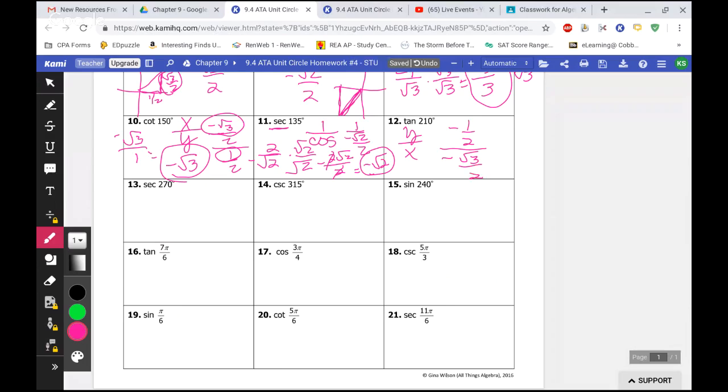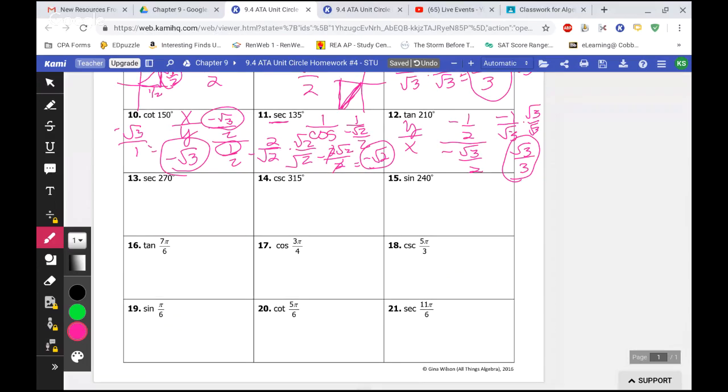My denominators would cancel, so I have negative 1 over negative root 3. I have to rationalize that denominator. So I end with a negative divided by a negative, and then I end with root 3 over 3. And it's positive because a negative divided by a negative is positive.